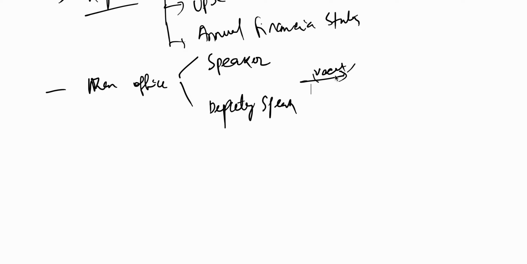That is a totally different thing. But what I am telling here is that when these offices of speaker and deputy speaker fall vacant, then he can appoint any member of Lok Sabha to preside over its proceeding. Any doubt?